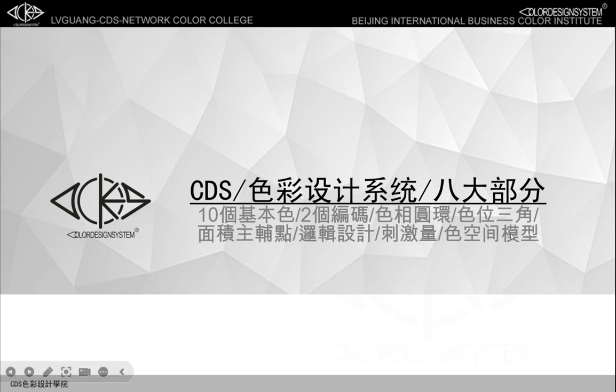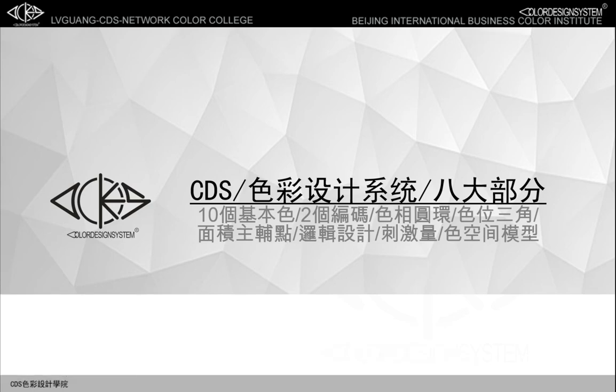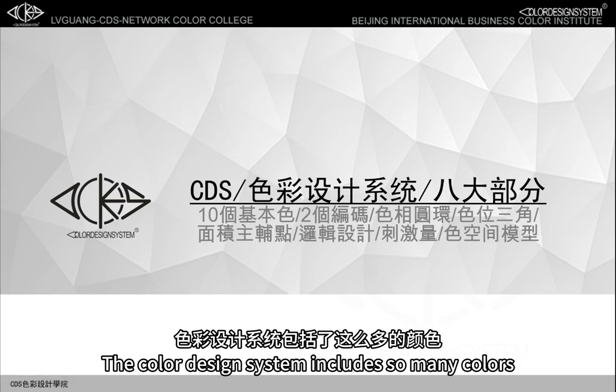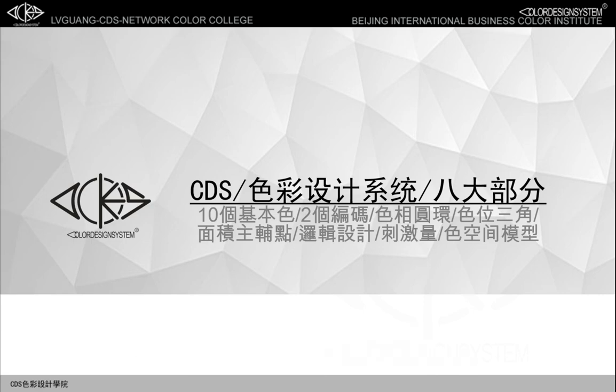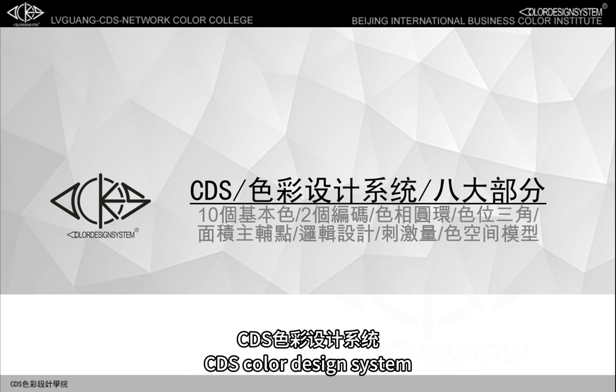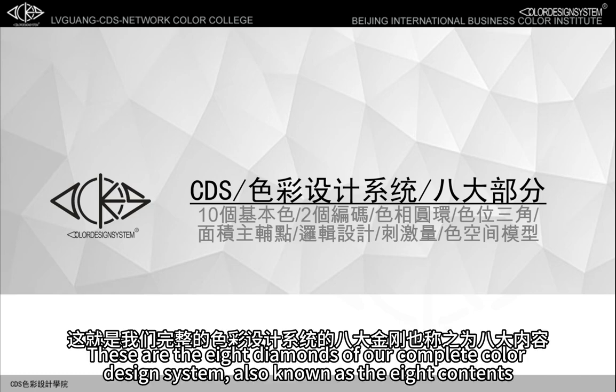We know what a color design system is. The color design system includes so many colors. So far, the data is supported by the data. The CDS color design system has over 400,000 color data models. These are the 8 diamonds of our complete color design system, also known as the 8 contents.